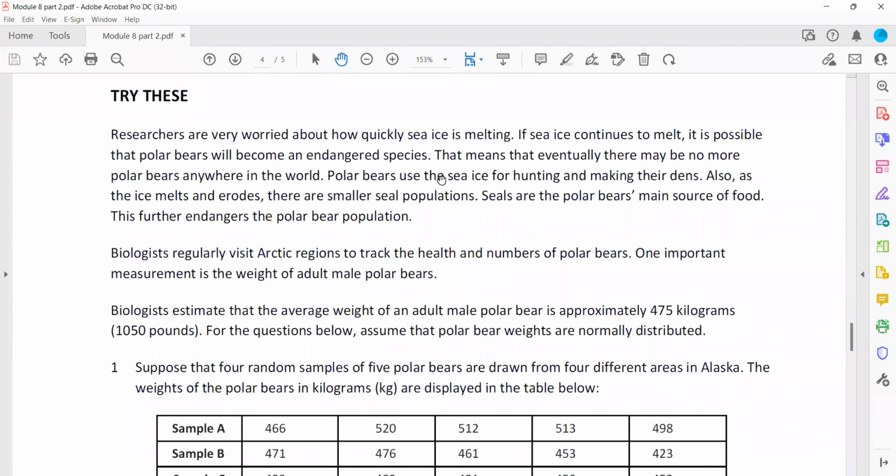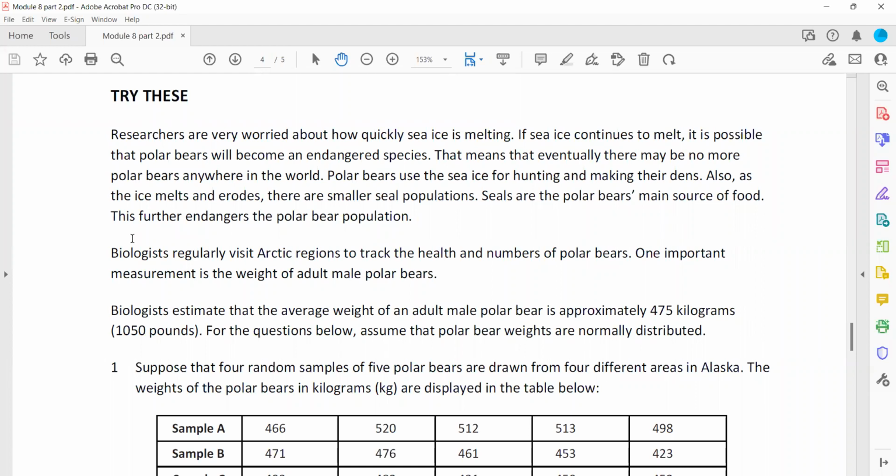Polar bears use the sea ice for hunting and making their dens. Also, as the ice melts and erodes, there are smaller seal populations. Seals are the polar bear's main source of food. This further endangers the polar bear population.